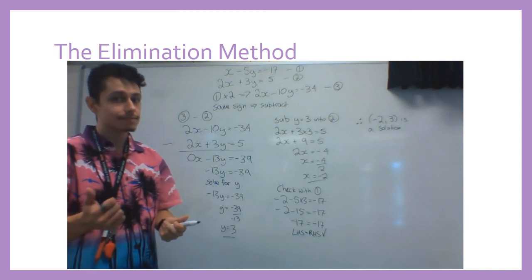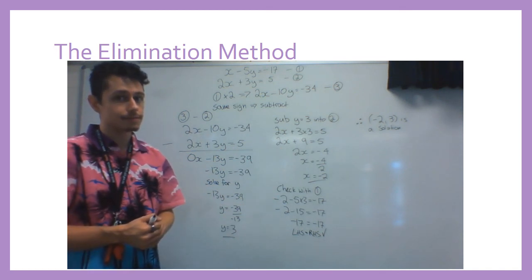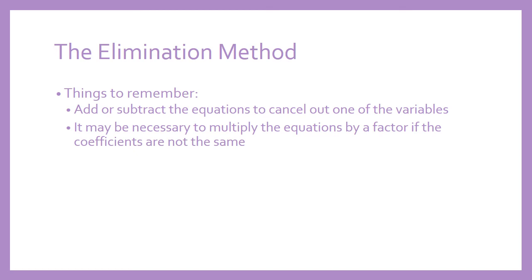So there we go. Things to remember when using the elimination method: we're going to add or subtract to cancel out one of the variables. That could be the x, that could be the y, or if we're not using x's and y's, either one of the two variables. We've just got to eliminate one of them when we add or subtract the two equations.